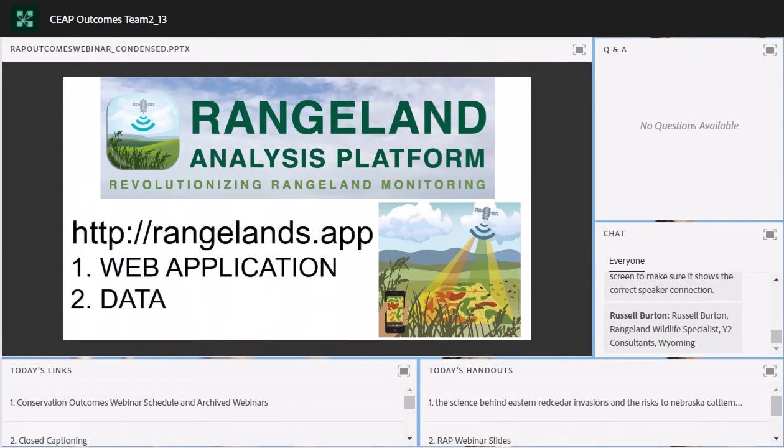But the thing I'm going to talk most about the next few minutes is actually the data behind the Rangeland Analysis Platform. And that's because that data is important. That's the engine of the Rangeland Analysis Platform.